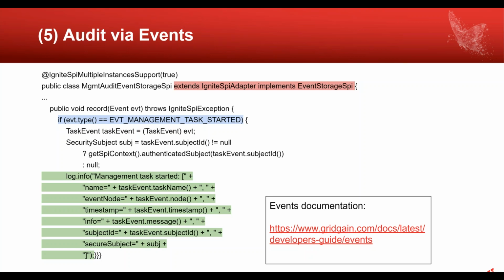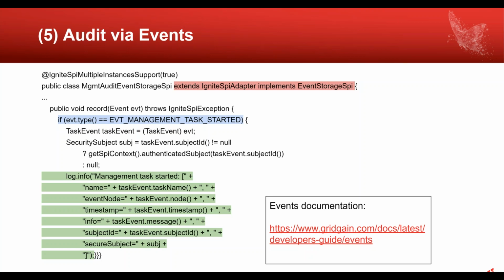When you subscribe to some event, it means that when some action is done in the cluster, you will get the event that you can handle with some listeners or the event storage SPI, like I show on this screen. You can implement this event storage SPI because I think it's the best way to handle them.